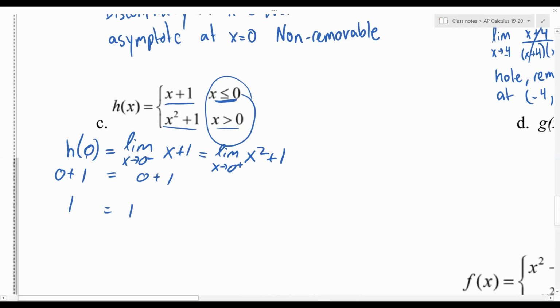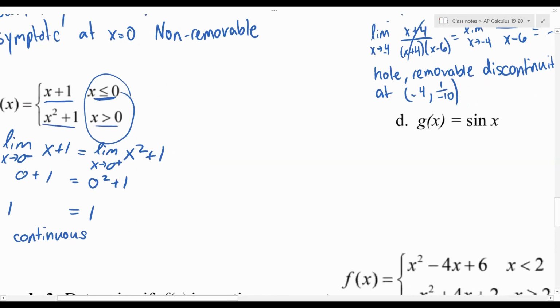Let's find the limit from the right now. If we plug in 0 here, we have 0 squared plus 1, which again is 1. So the function h of x is continuous, and we showed all 3 parts of our definition.